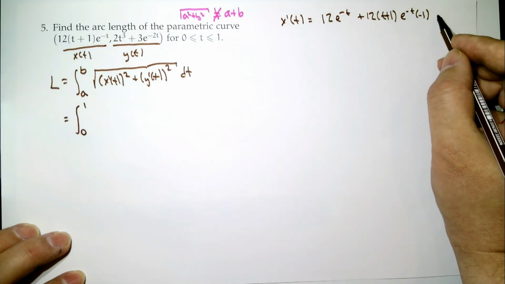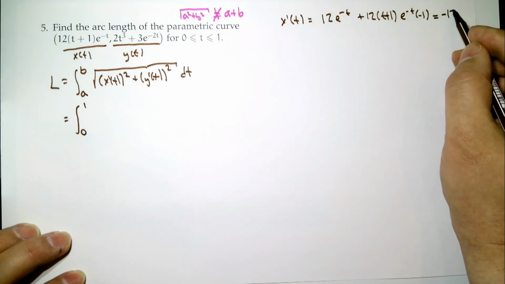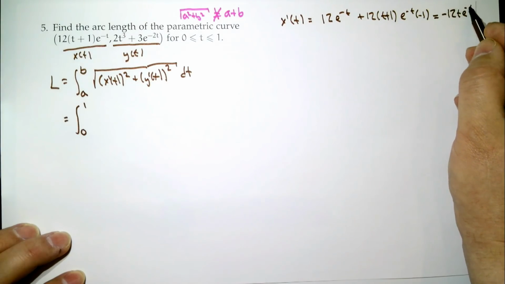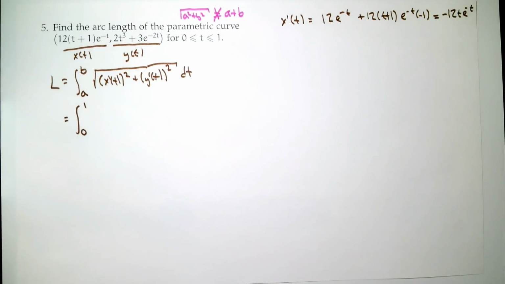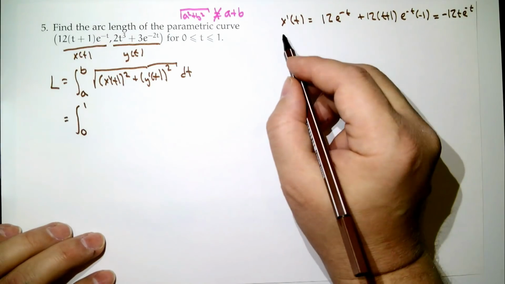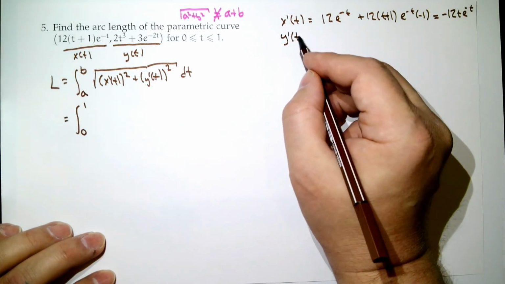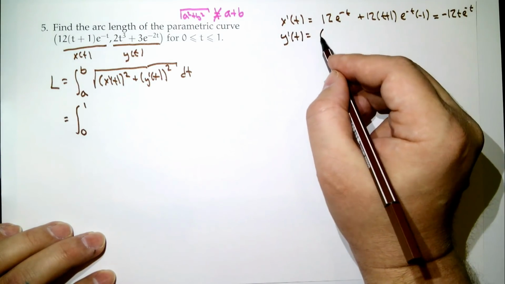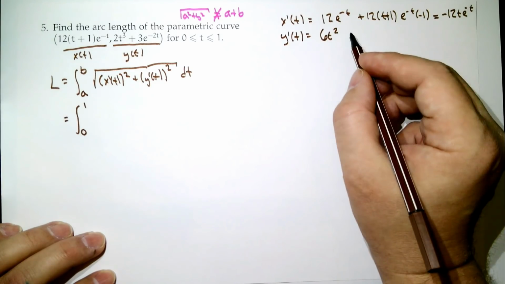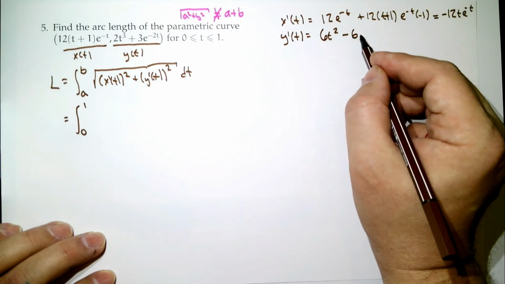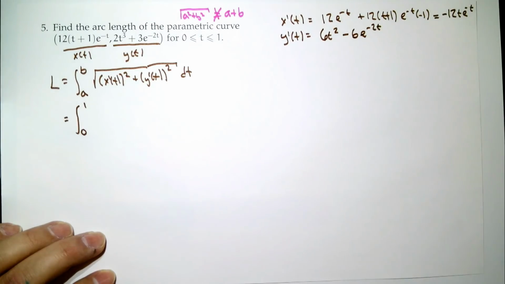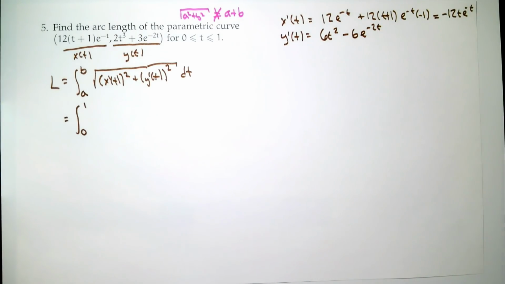So they cancel. And what you're left with is minus 12t e to the minus t. So that's what happens when you take the derivative of x. So this is x prime. Something nice. Y prime is simpler because you don't have the two terms mixing together. You get 6t squared minus 6 e to the minus 2t. All right.